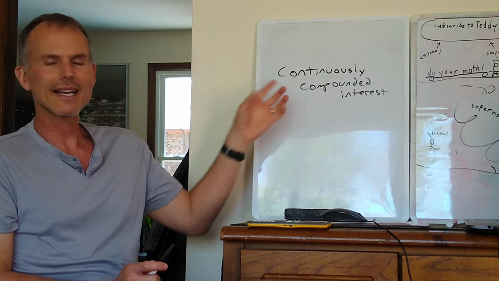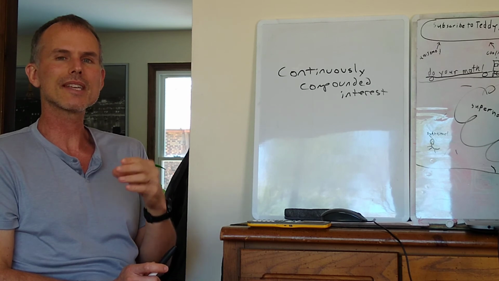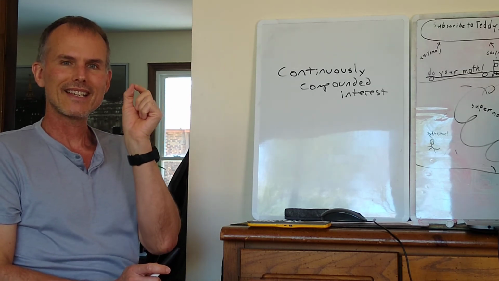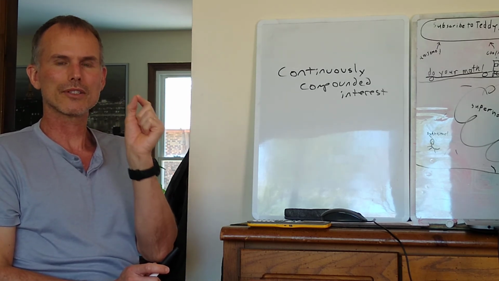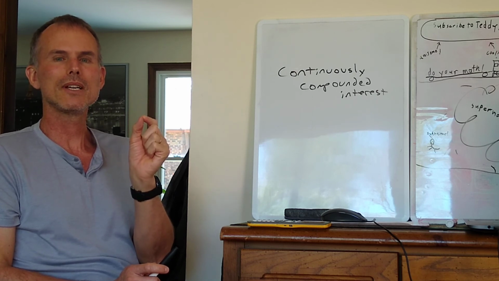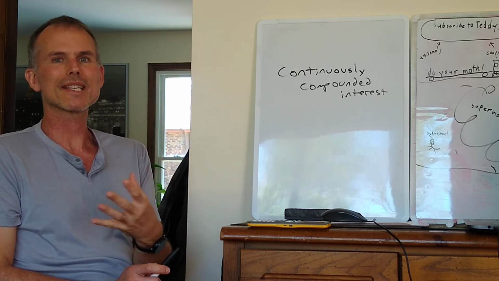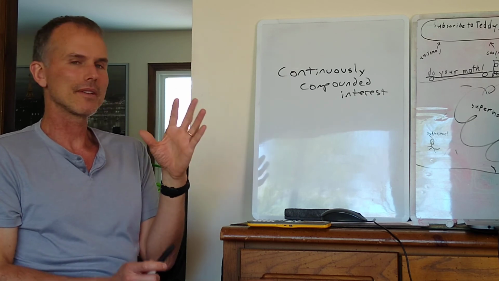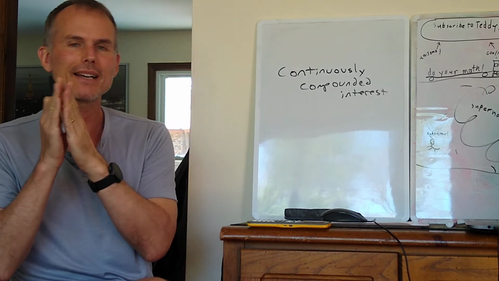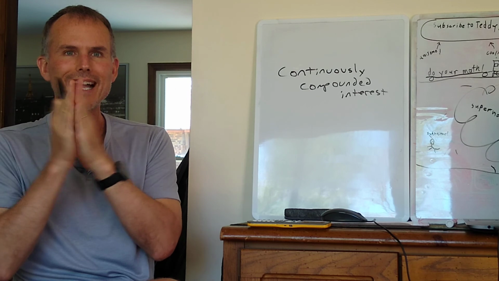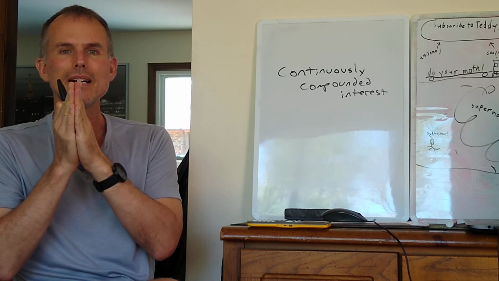What continuously compounded interest is, is interest that's compounded every infinitely small unit of time. So even more often than once every nanosecond. This is interest compounded as the time of compounding goes to 0.